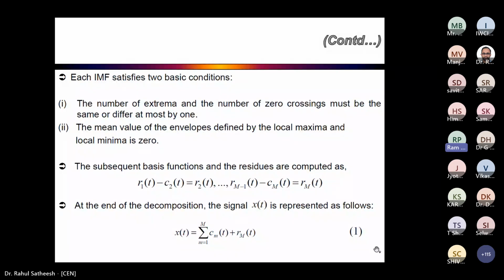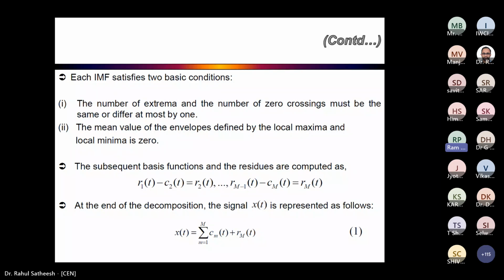EMD is a kind of algorithm. Generally when you see signal analysis like Fourier transform or wavelet transform, you find mathematical equations. But here it comes from computer science researchers, so they have given it in the form of a recursive algorithm, with different iterations to obtain the residual.